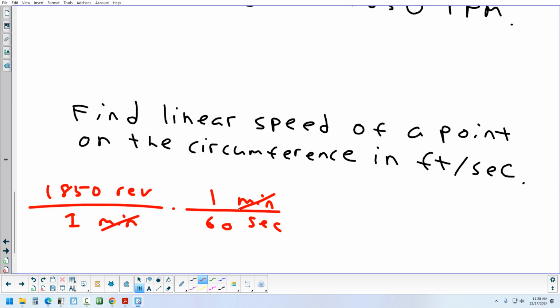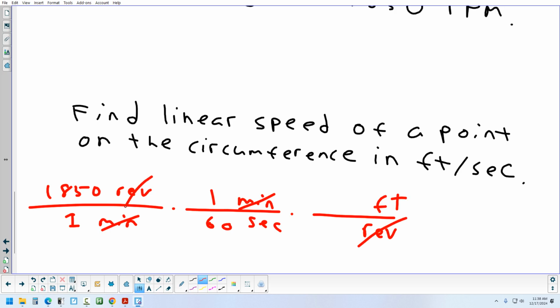We have the right time, but we don't have the right distance. We don't want to measure it as a revolution. We want to measure it as a foot. So just thinking about the units, where would revolutions go? Right, we're trying to get rid of that. And what unit are we trying to introduce? Feet.